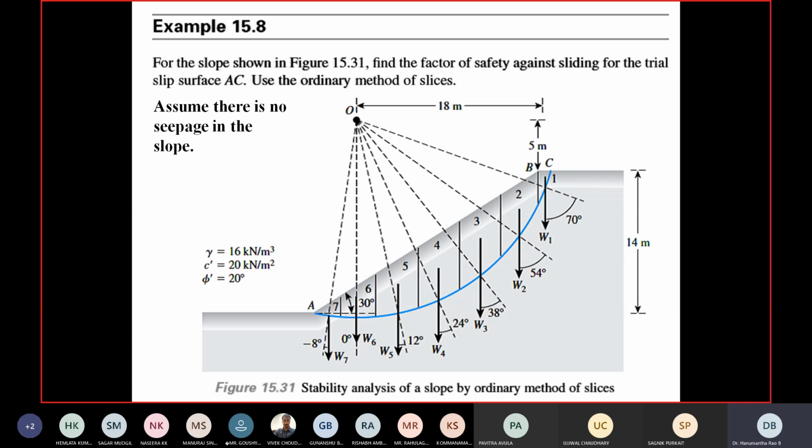The center of the circle exists at a length of 18 meter from the top edge of the slope and at a height of 5 meter. Slope angle is given as 30 degree.